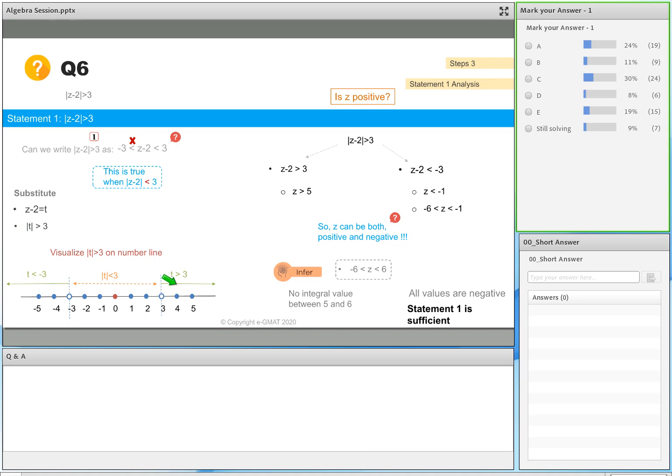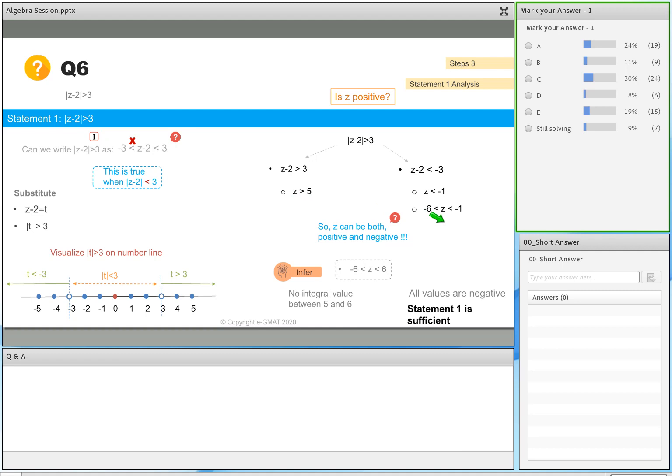Either the number itself is greater than 3 or it's less than -3. These are the only two in which this can happen. Then finally, you just replace your T back by Z minus 2. So either Z minus 2 is greater than 3 or Z minus 2 is less than -3. Then you solve it, you get this, Z greater than 5 and Z less than -1.